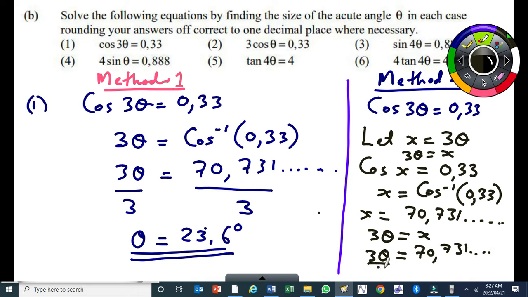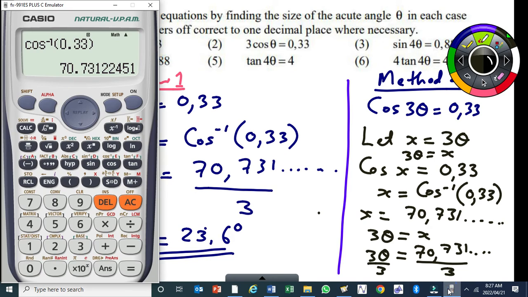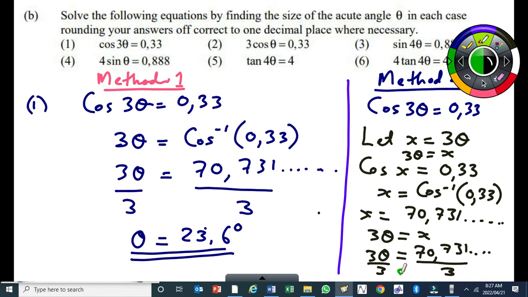Then I divide both sides by what? By 3. So if you go back to the calculator, all I have to do is divide this answer by 3, and you get 23.6. So theta is equal to 23.6.